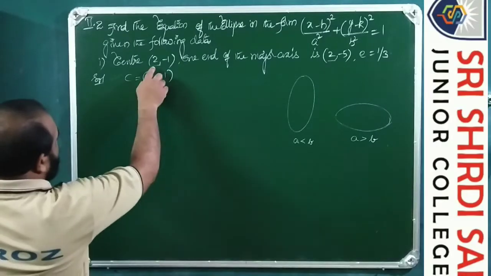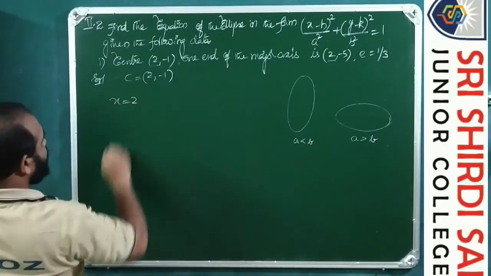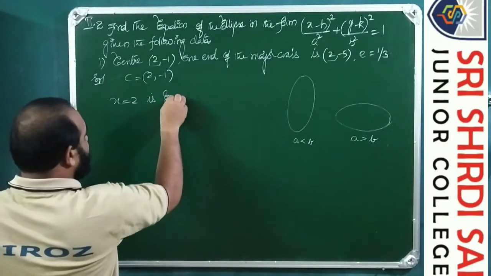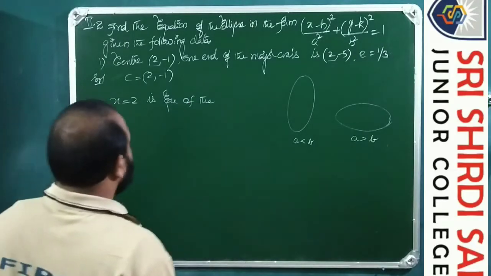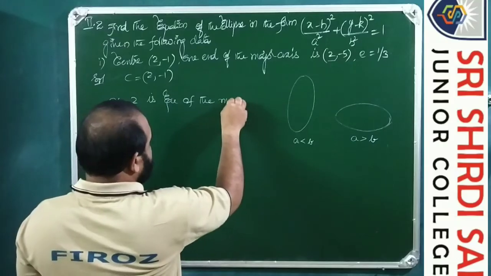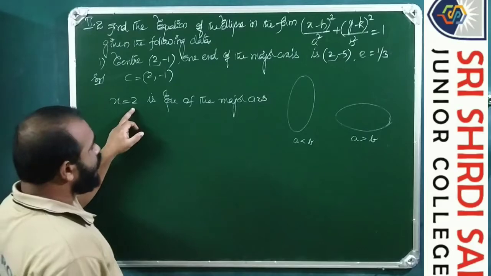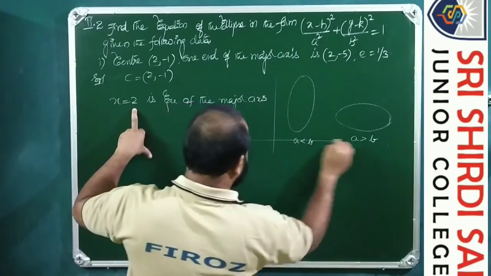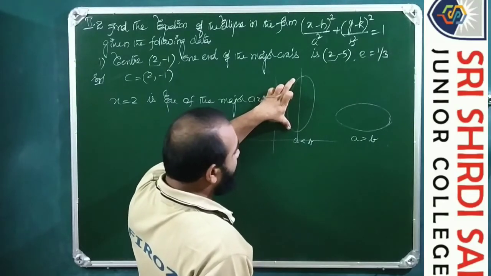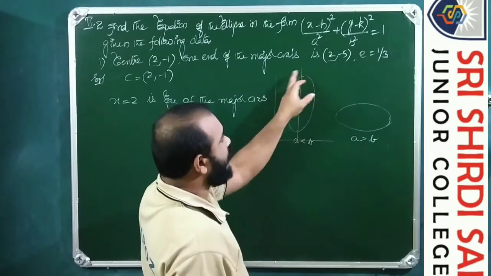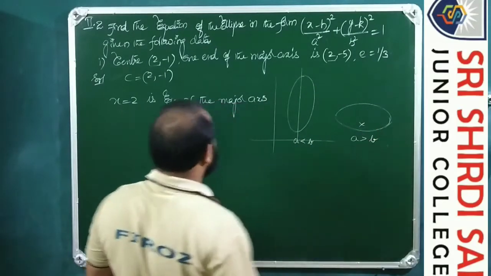So x equals 2 is the equation of the major axis. x equals h is the line which is parallel to the y axis. So the major axis is parallel to the y axis. Therefore this is the vertical ellipse, not this.